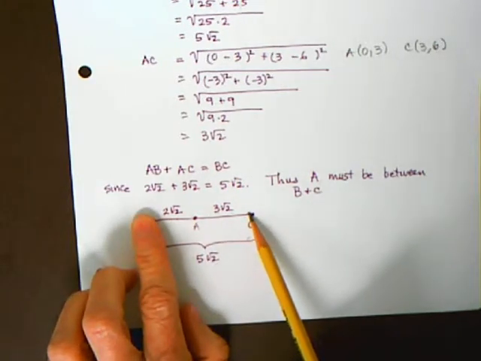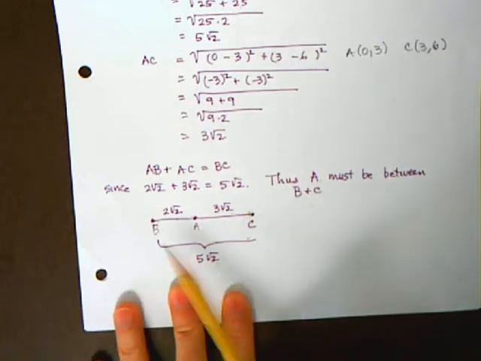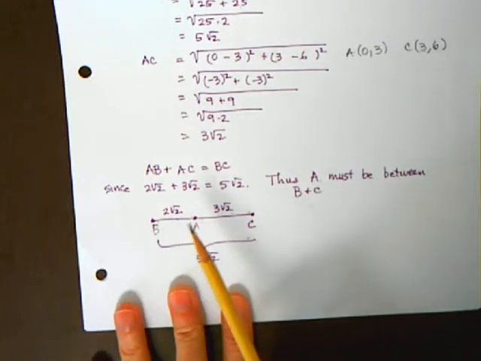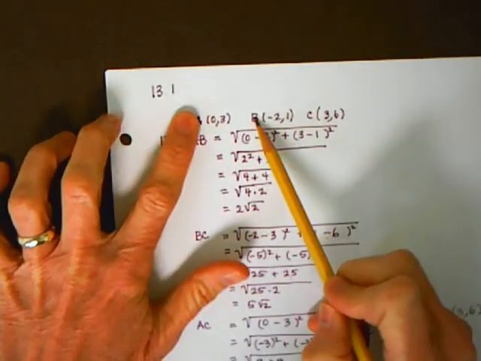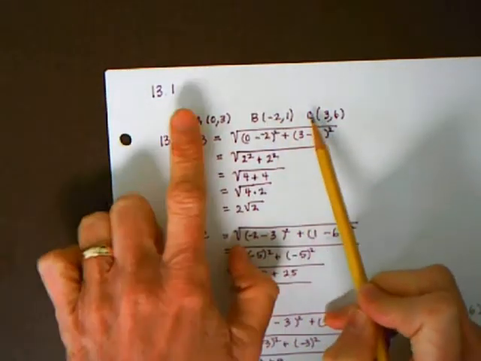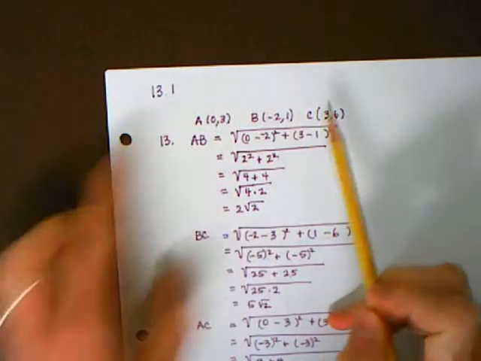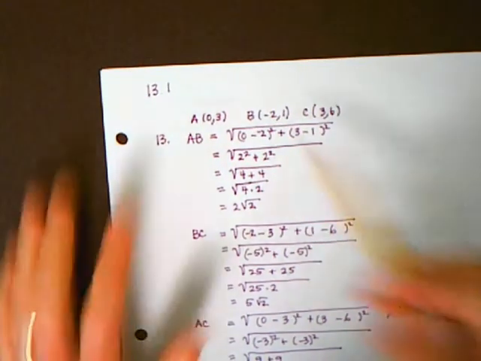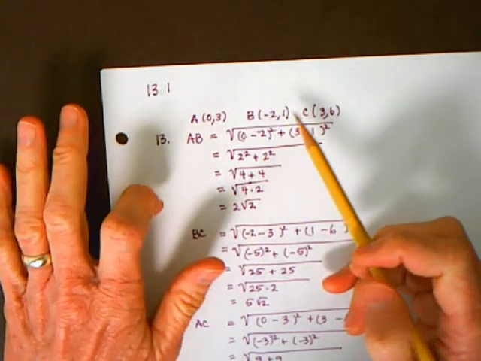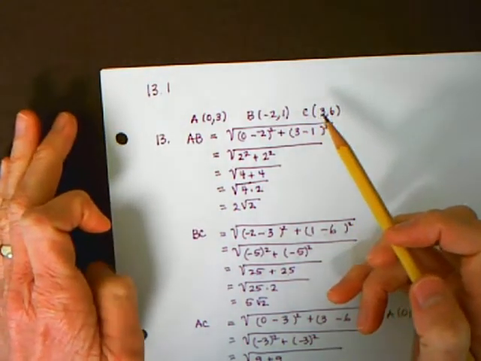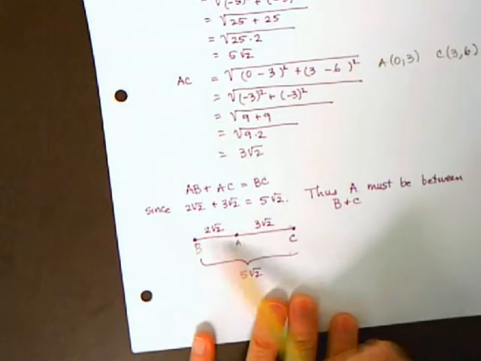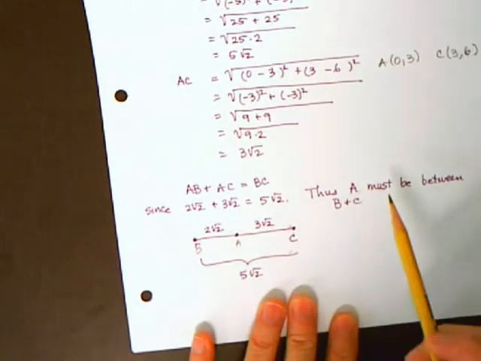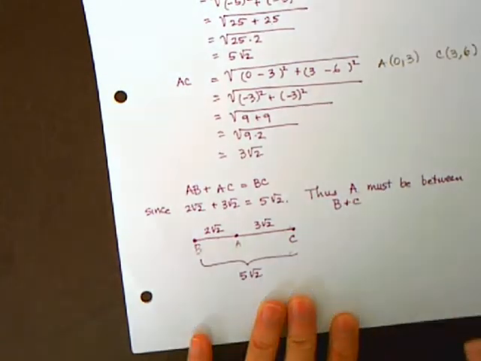So what I'm going to do is find the distance between all three of the points, between A and B, between B and C, and between A and C. And I'll see if any two of them added together equals the third distance. And if that's the case, then they will be collinear and one of the points will be between the other 2 points. All right, so let's go.